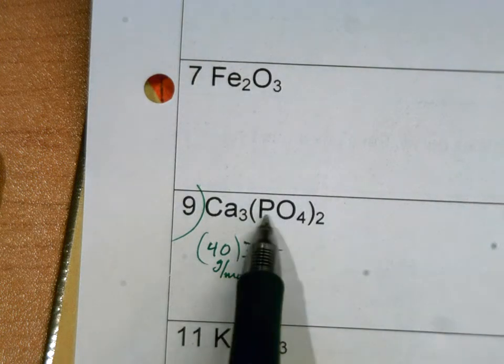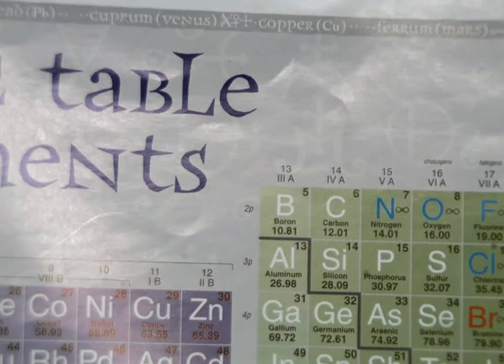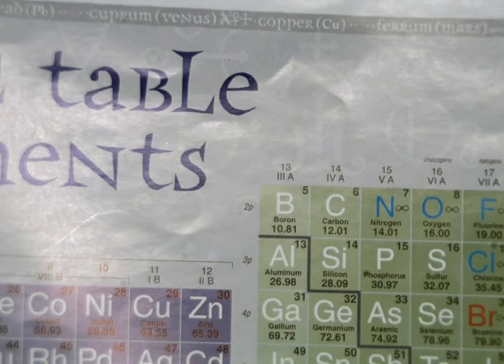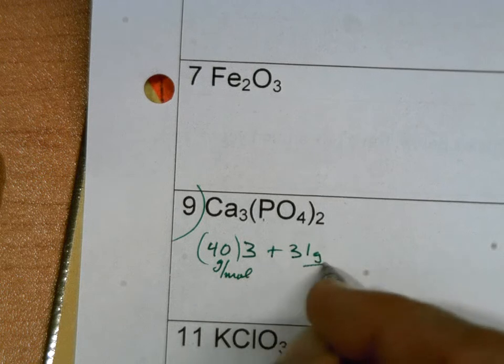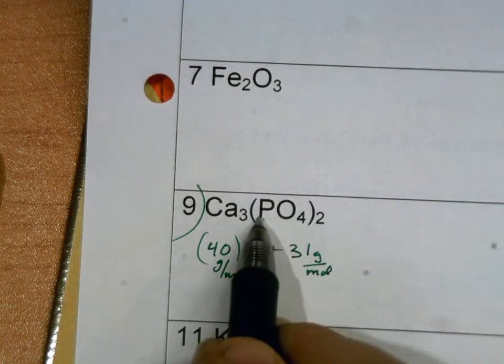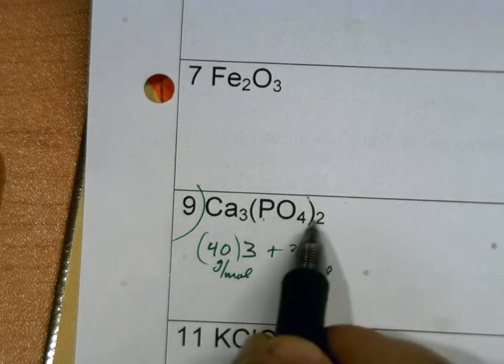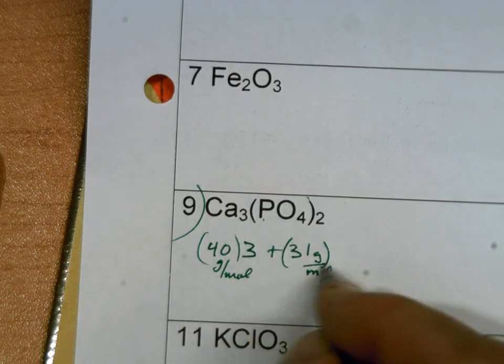Plus, now we're working with phosphate, and that's phosphorus in there. In phosphorus, 30.97, we'll round that to 31. So there's 31 grams of phosphorus in 1 mole, so 31 grams per mole of phosphorus. But now we do have a parenthesis here, and there's 2 of those, so we do need to multiply that by 2.